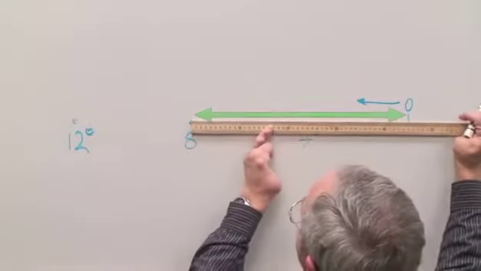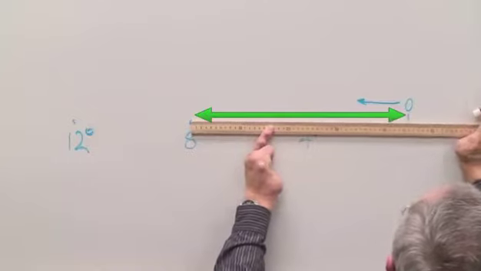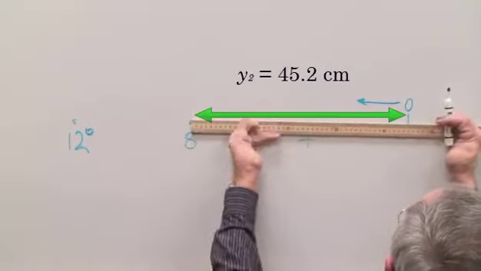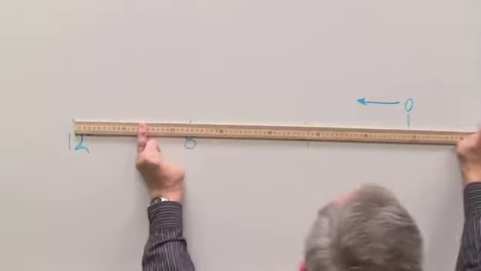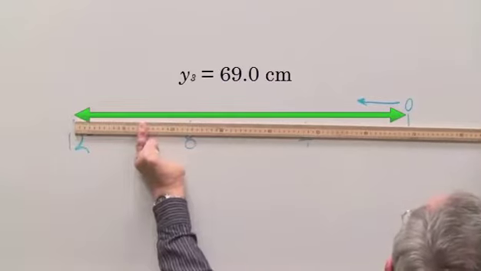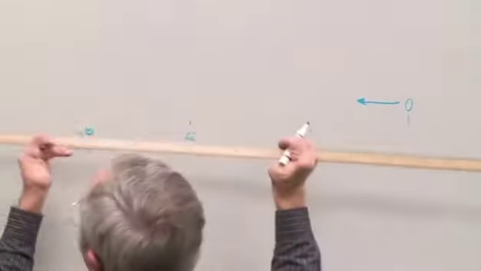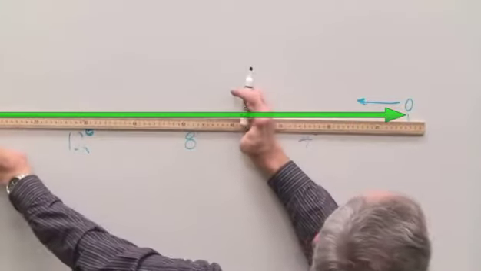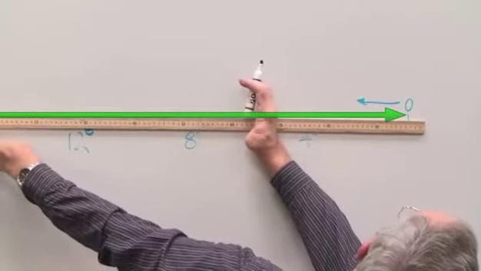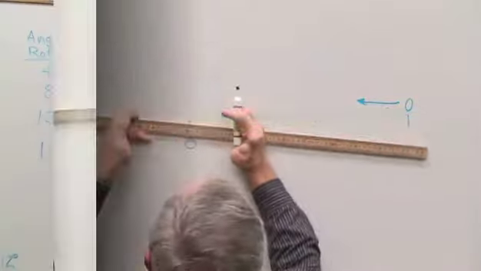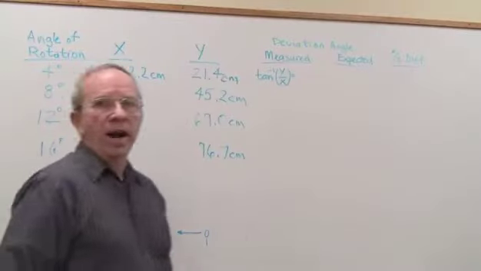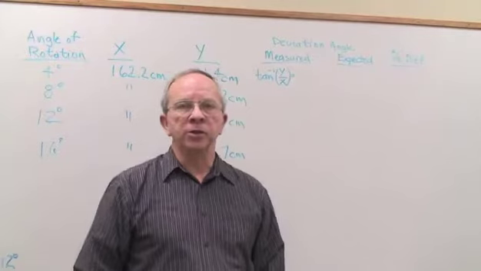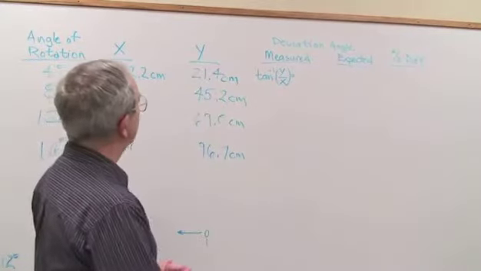For our 8 degrees, I'm measuring 45.2 centimeters, for 12 degrees, measuring 69.0. And lastly, at 16 degrees, measuring 96.7 centimeters.